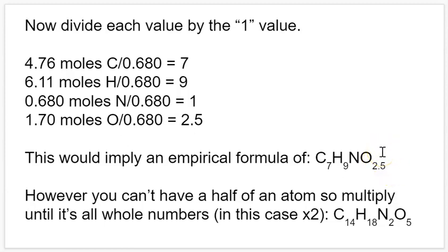If we multiply everything by 2, the 2.5 becomes 5. So we end up with the formula C14H18N2O5. And this totally works as an empirical formula because this is the lowest common ratio, like 2 to 5. We can't divide this by anything else to make it more reduced.